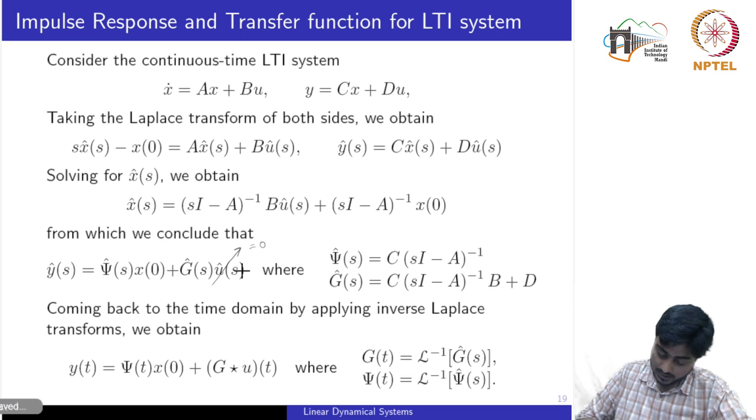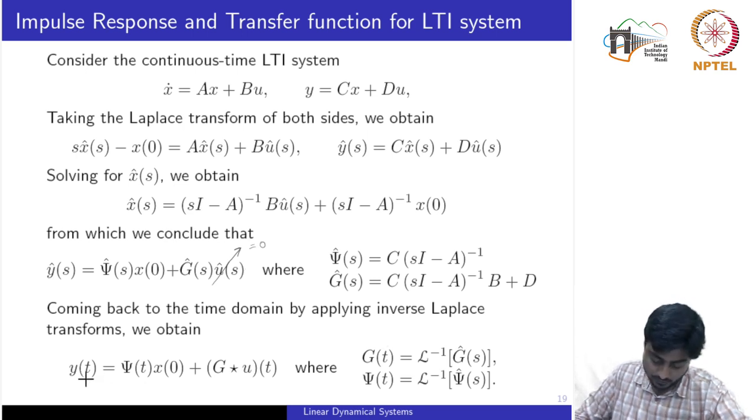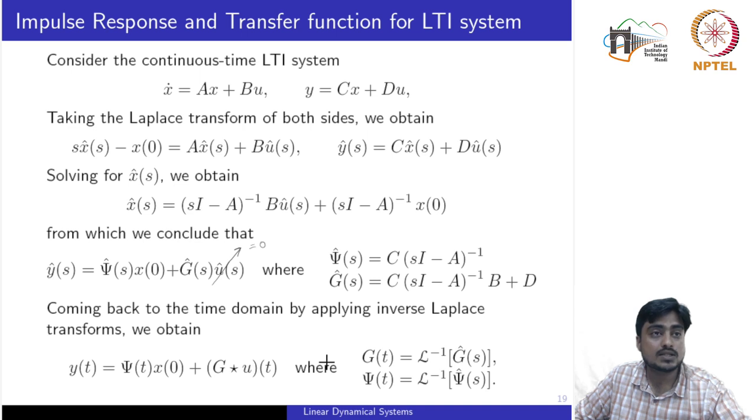So if we go back into the time domain by taking the Laplace inverse, we obtain y of t equal to psi of t x naught plus g convolution with u of t, where g of t and psi of t are basically the Laplace inverse of g hat and psi hat.